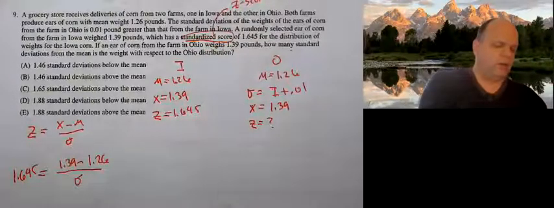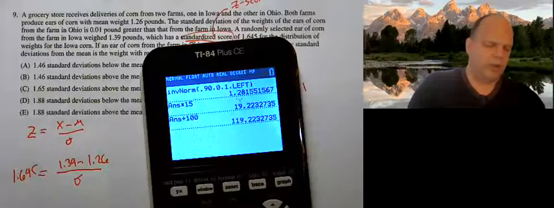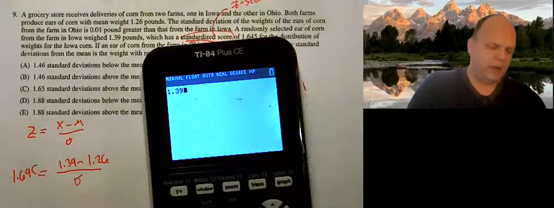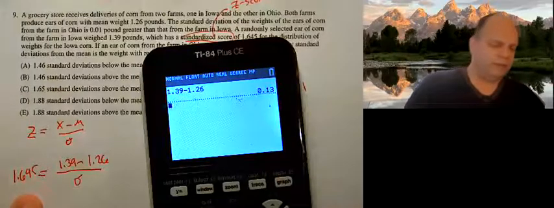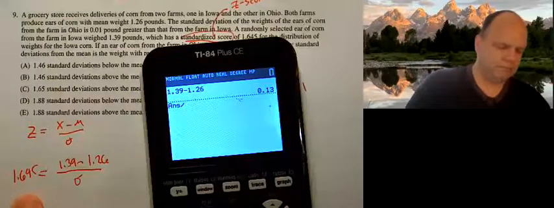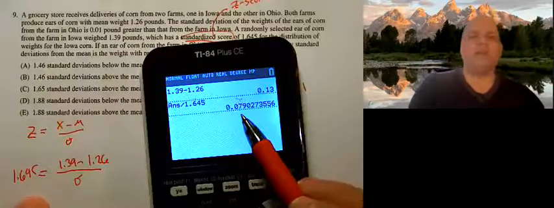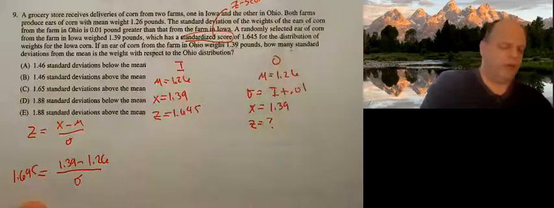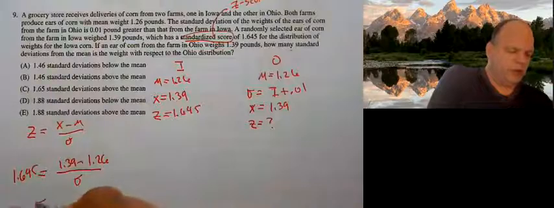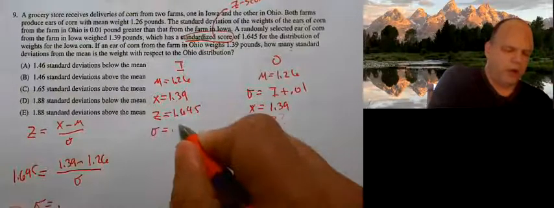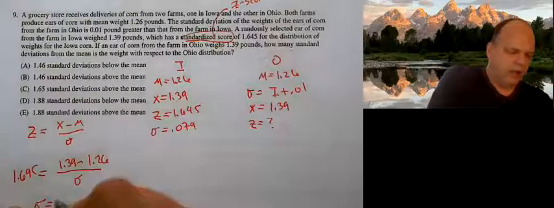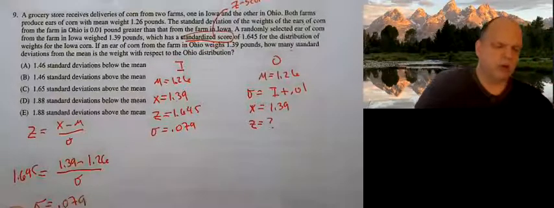So if I rearrange this with a little bit of algebra, 1.39 minus the 1.26, and I divide that by 1.645, I end up getting a standard deviation of about 0.079. So the standard deviation for Iowa equals 0.079, and that's what we just calculated right here.